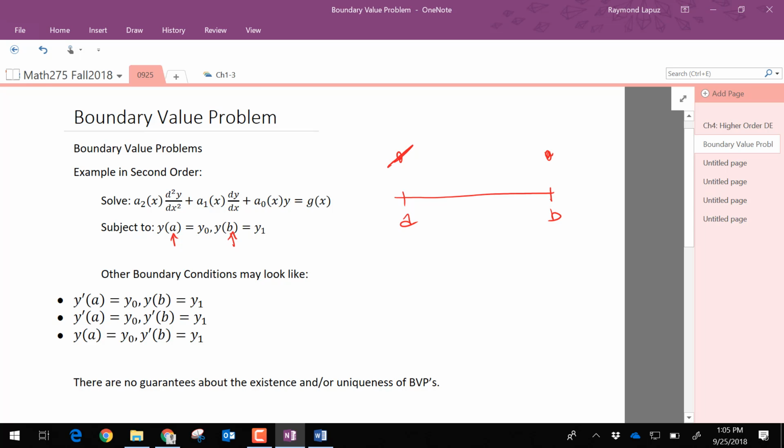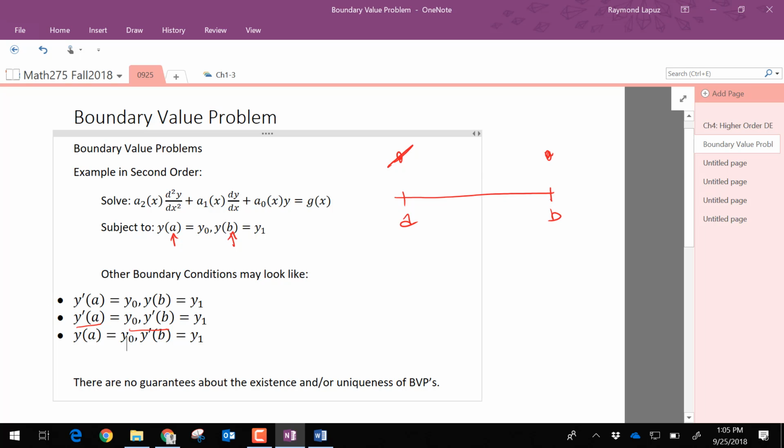You might have information about the points, or about derivatives, or a combination. So in this particular scenario, there's no guarantee that you're going to get a solution.